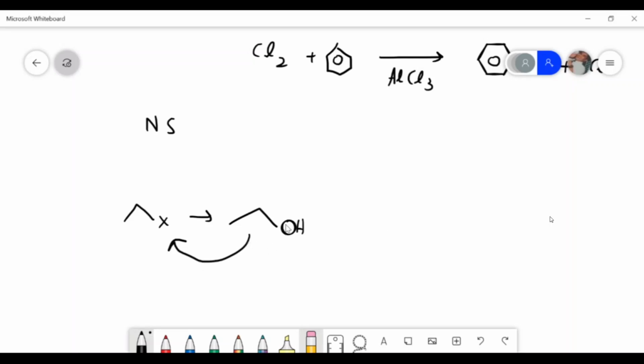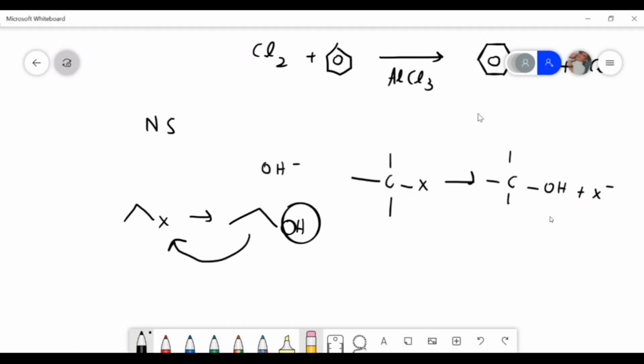The only thing that's changing is that you have to turn this into a better leaving group first. Just something to take note of. Nucleophilic substitution should be quite simple, just taking a nucleophile and kicking something out from an aliphatic chain to form this.